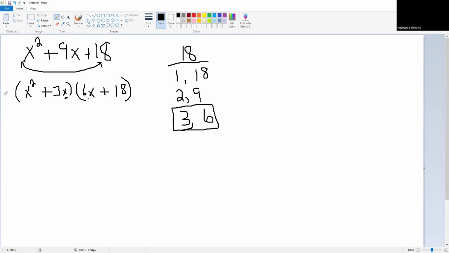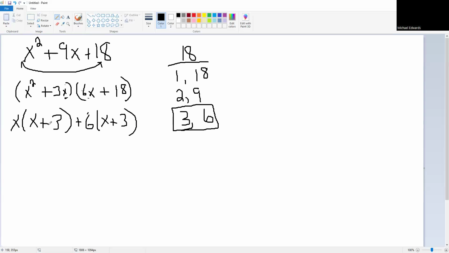Now, factor out like terms. This one is just x. So we're left with x plus 3. And this one is 6, x plus 3.